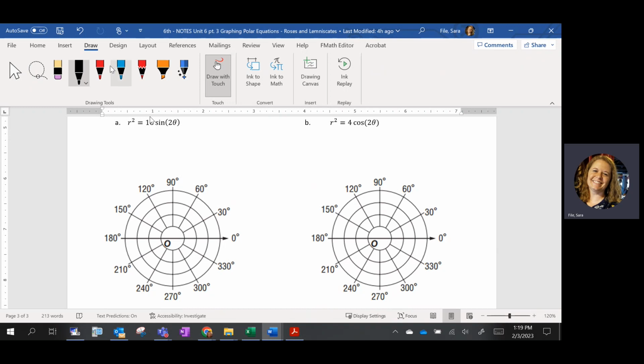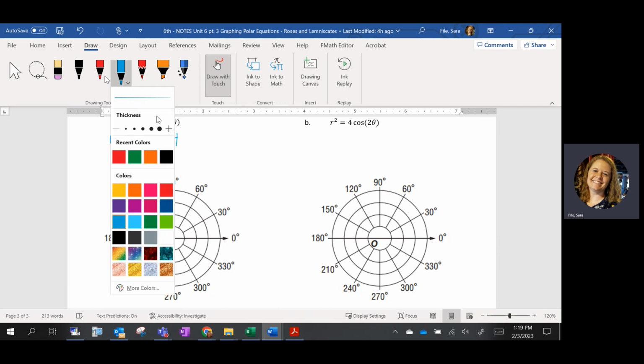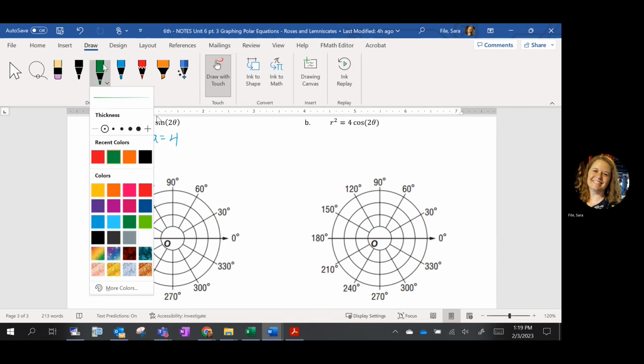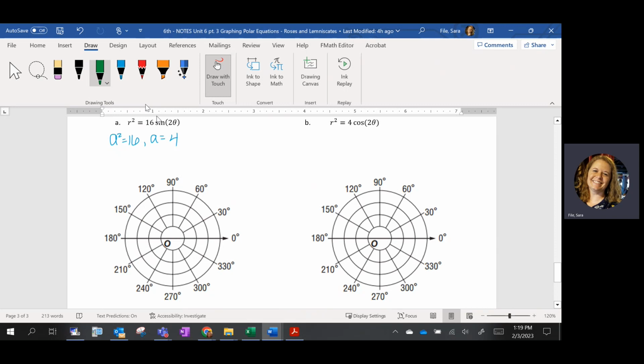So when it's written this way, that is not your a. That is your a squared. So a is what? 4. Okay, and then this is a, I'm sorry? Yeah, because we were just talking about the length of the petal. We're not worried about positive, negative there.